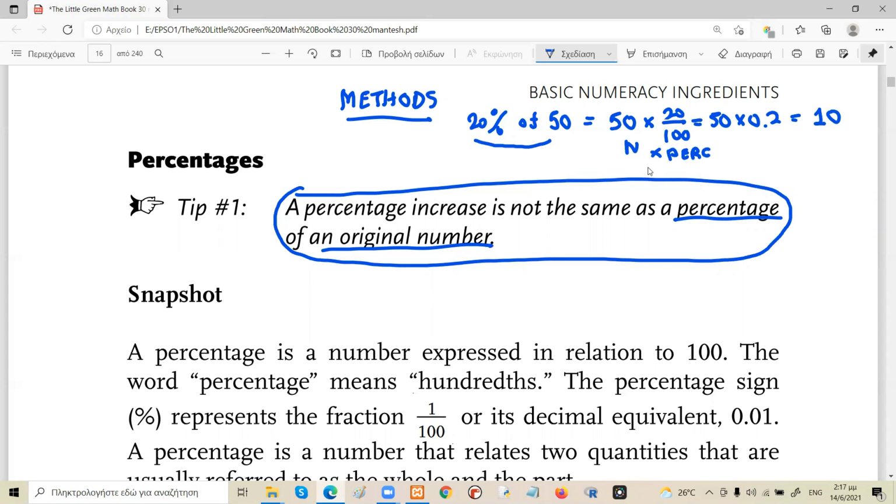It's a totally different thing to find the percentage increase. So to have an increase, it means that I have an initial value and then have a final value.